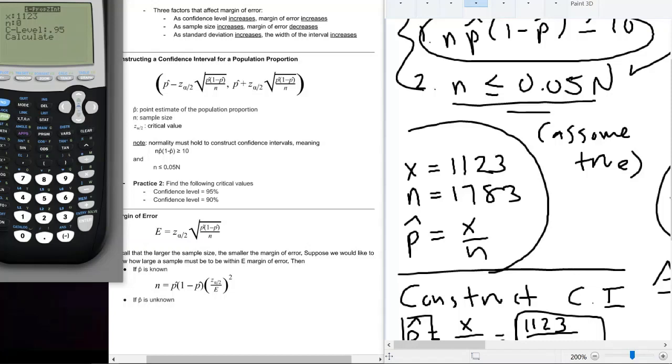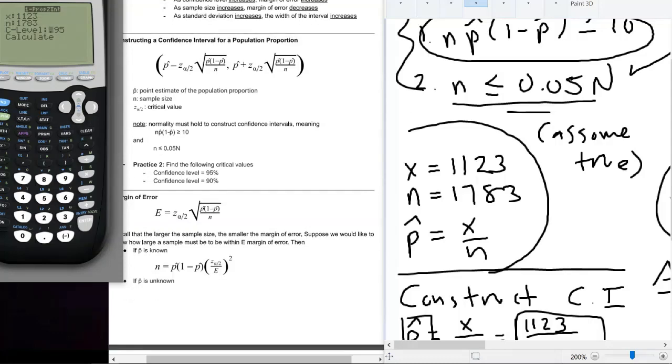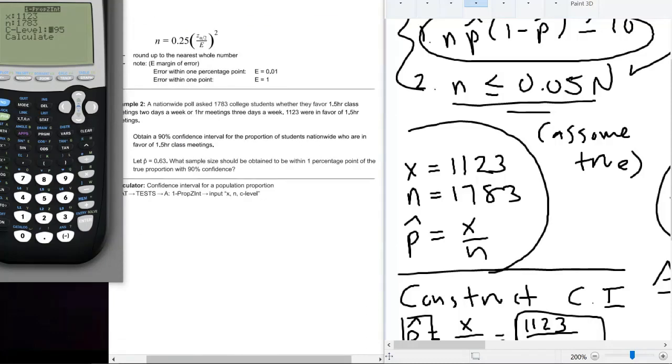The sample size, 1783. Our confidence level, if we go back to our problem, okay, obtain a 90% confidence interval. So let's put 0.90 into the confidence level, okay?